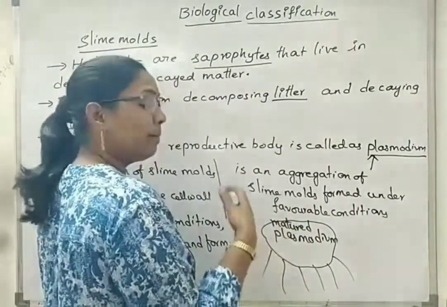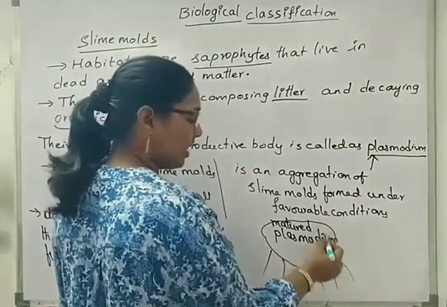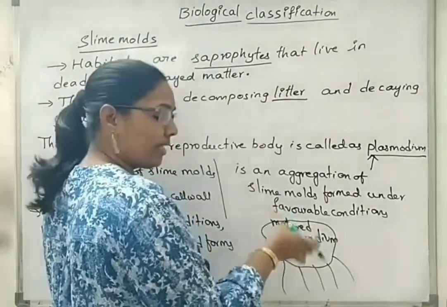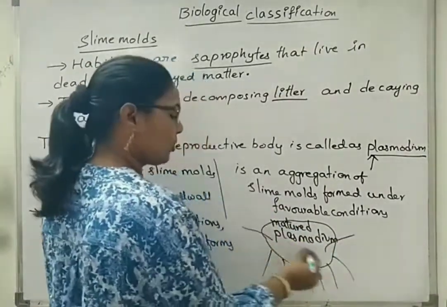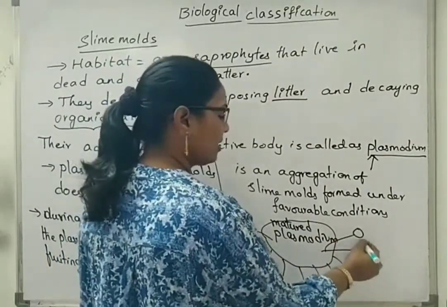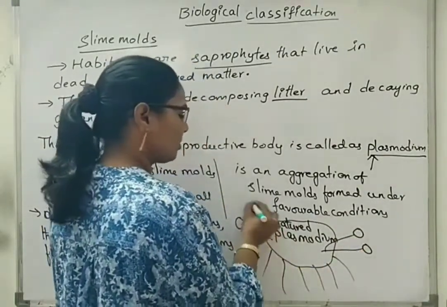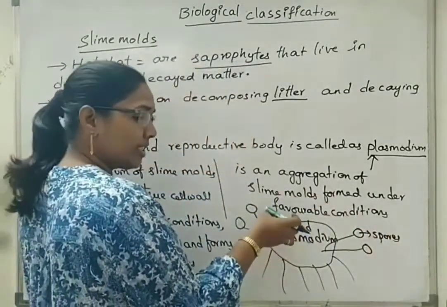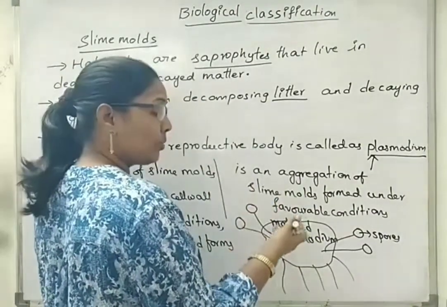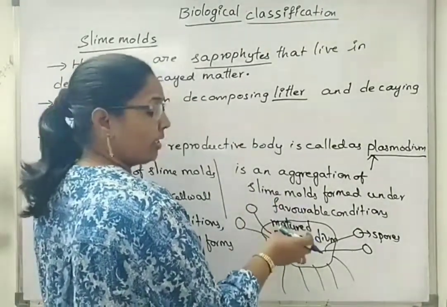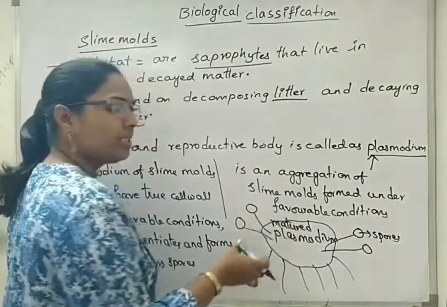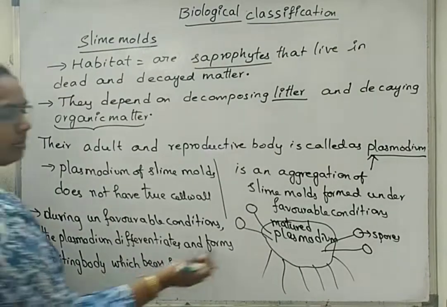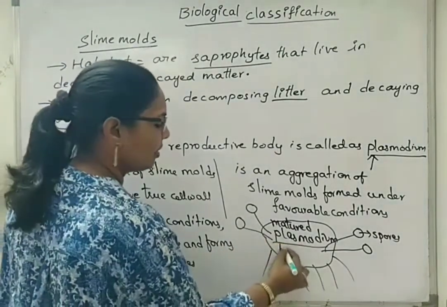During favorable conditions it is a normal plasmodium, but when conditions are not favorable, the same plasmodium will be converted into a different fruiting body form, meaning it is ready for reproduction. So it produces special structures like this, and these structures are called spores. When it is bearing the spores, it is called a fruiting body. It is nothing but the plasmodium, but now it is in a stage of production of spores.